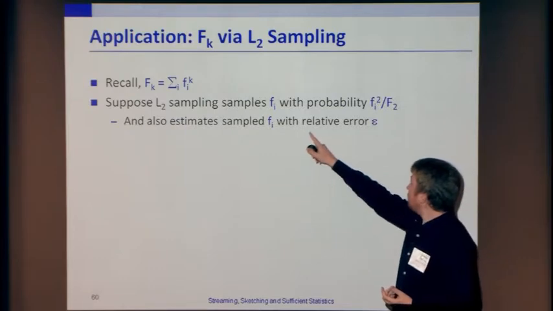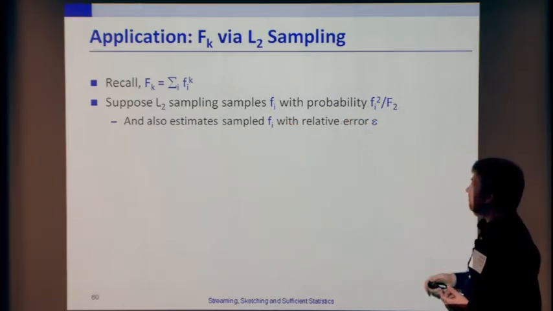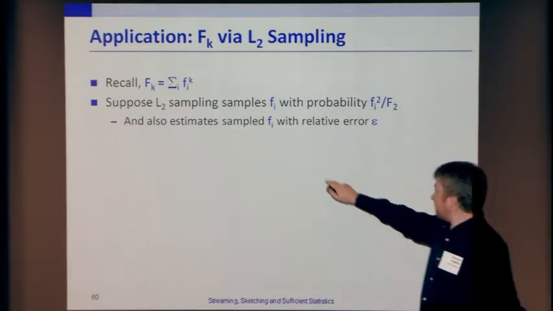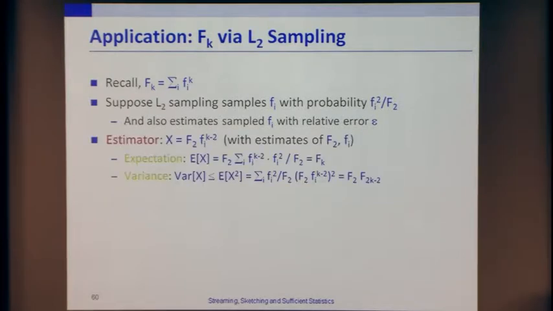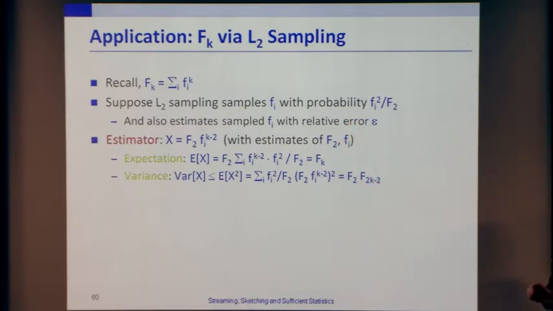That is, that samples the ith frequency with probability proportional to f_i squared. And additionally, we're going to assume that this gives us a good estimate of f_i. And we're going to say, well, what can we build from that? We're going to argue that from that sampling procedure, we can build an estimator for frequency moments for k greater than 2.